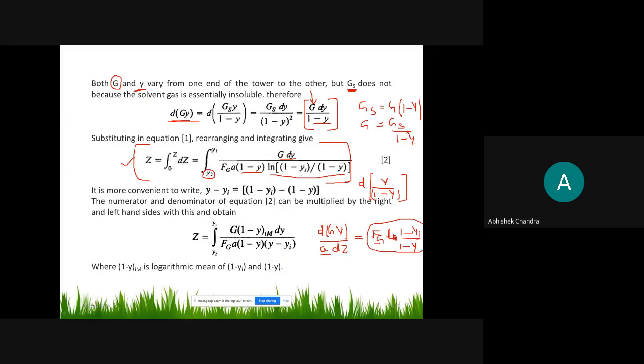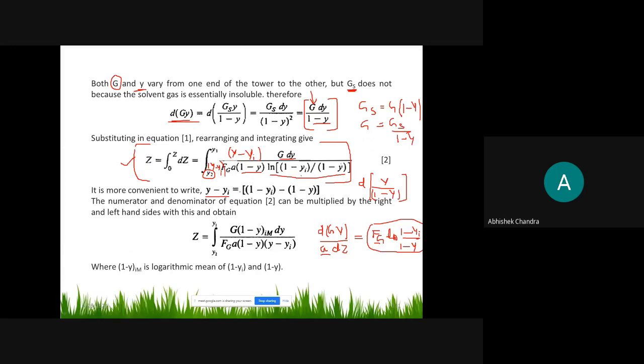Then rearrange this expression in a convenient form. So what we will do is multiply and divide by this term y minus yi, that is, multiply this expression with y minus yi, and divide by y minus yi, right.